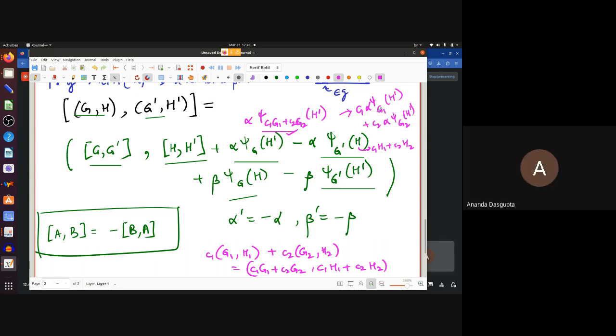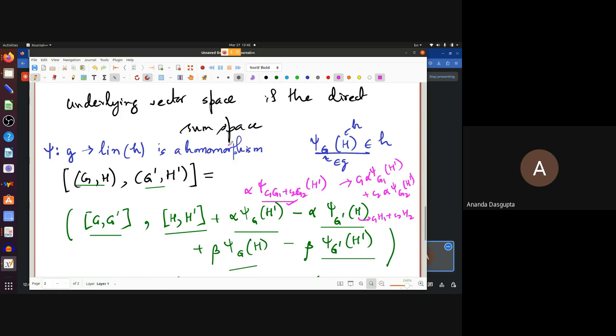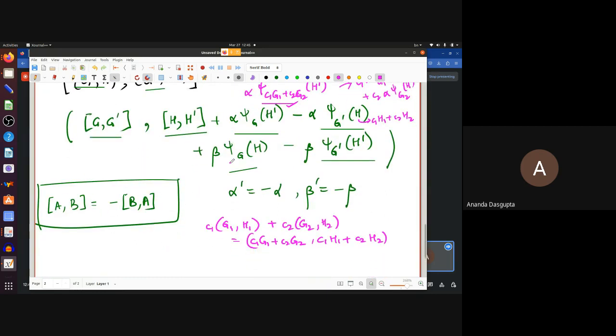It will, because we assume that psi is linear, after all, the map psi is a map from G to linear maps on H. Then psi G is a linear map. So this also works. What about this term? This will become psi of C1 G1 plus C2 G2. And the H will also become C1 H1 plus C2 H2, right?